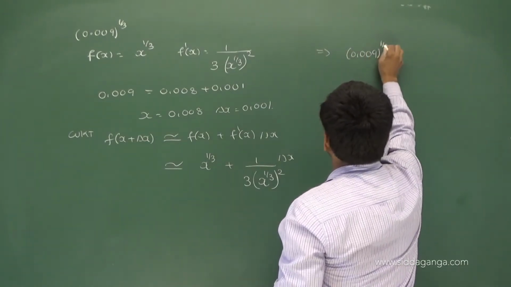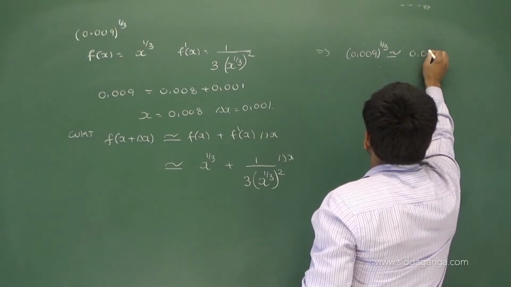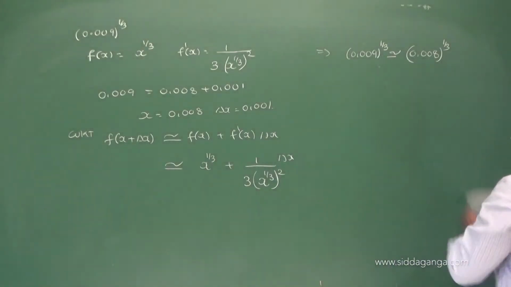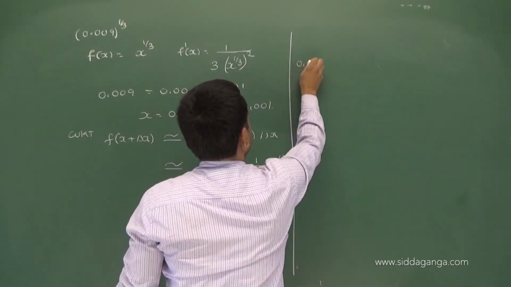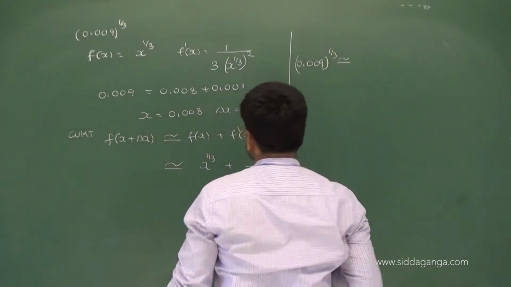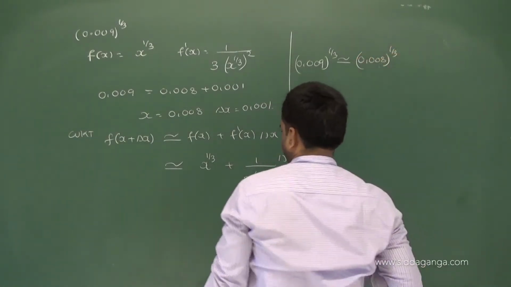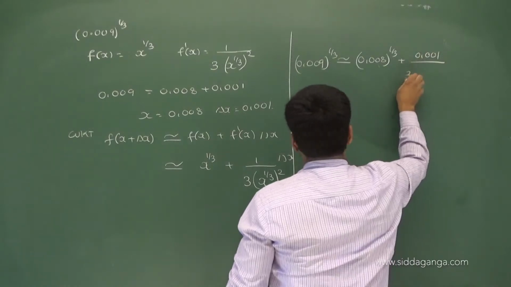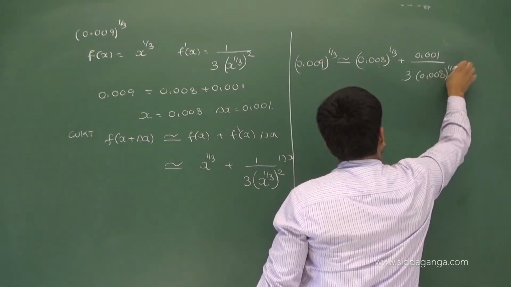So I write here that implies 0.009 to the power 1 by 3 is approximately equal to 0.008 to the power 1 by 3 plus, delta x is what? 0.001, divided by 3 into 0.008 to the power 1 by 3 whole square.